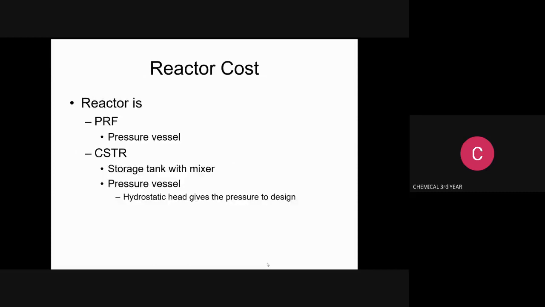Second, in the reactor design, before that, we all know about the industries. For example, take the chemical industries, the chemical and pharma industry.